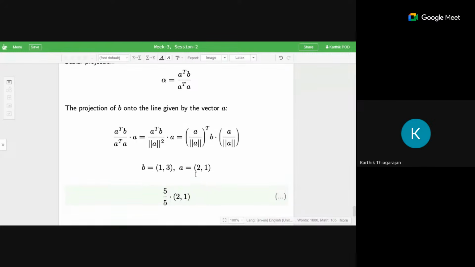The projection of B on A in this case is just A itself, but it need not always be the case.